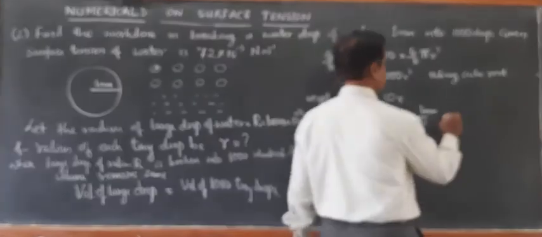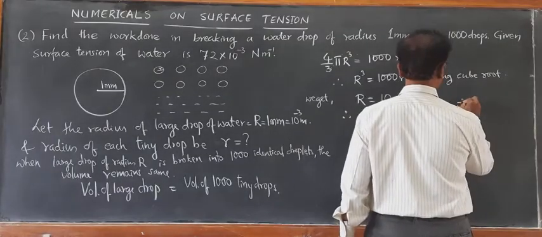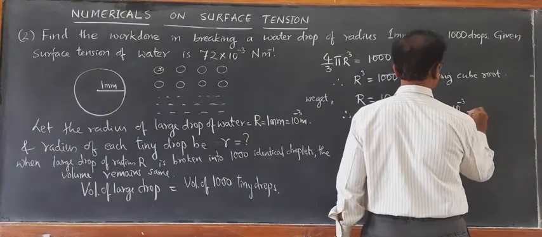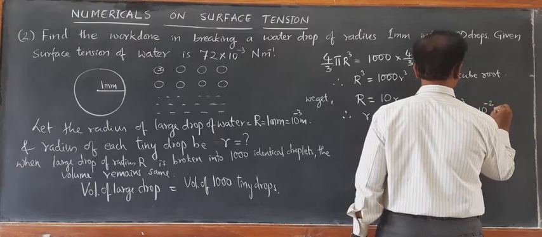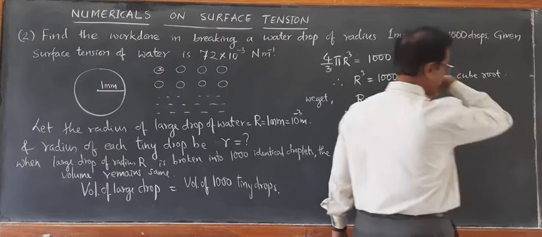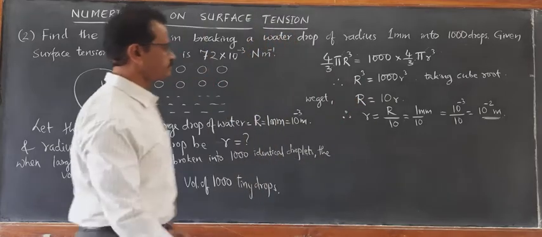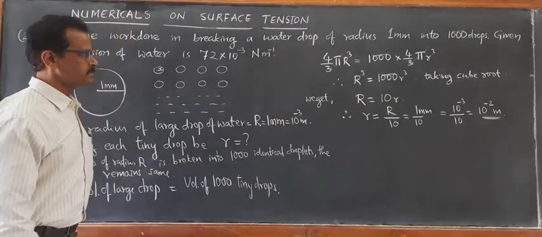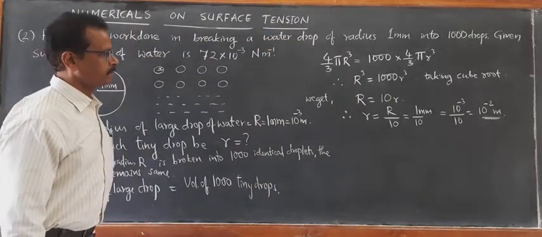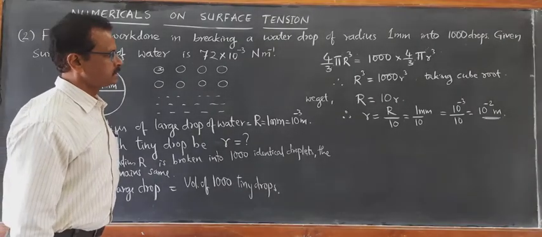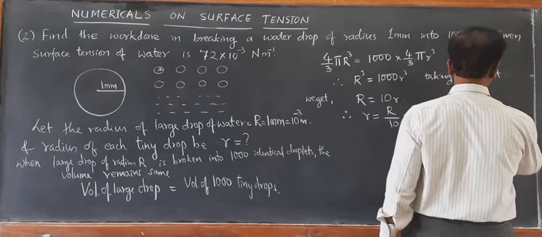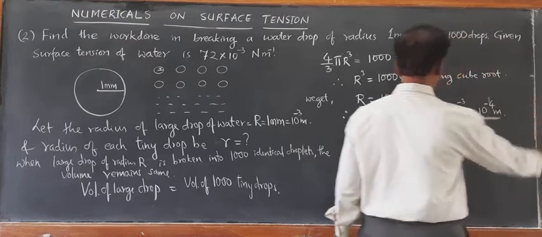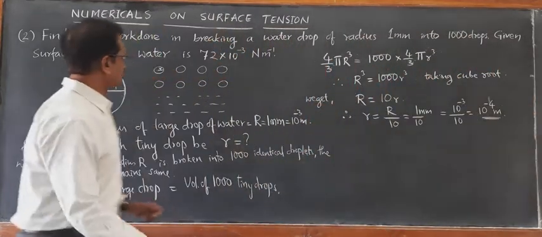That becomes 10 raised to minus 3 divided by 10, which is 10 raised to minus 4 meter. That becomes the radius of the tiny drop. Right? Now we got this.